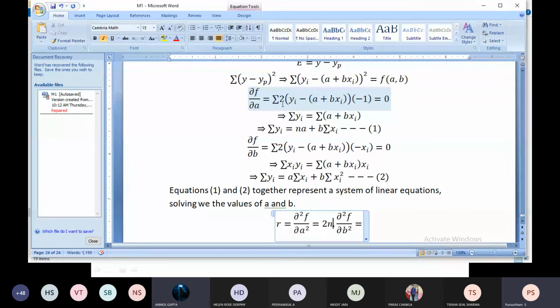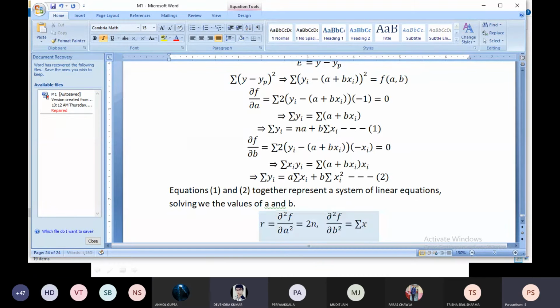Got it? So this is sigma 2 xi square, right?